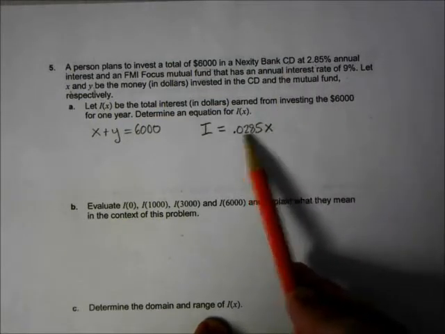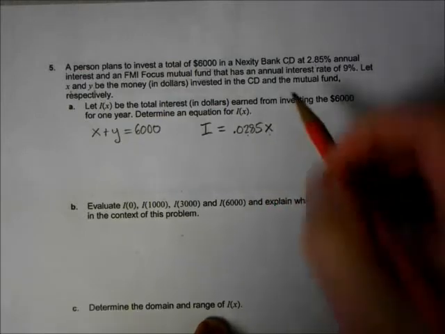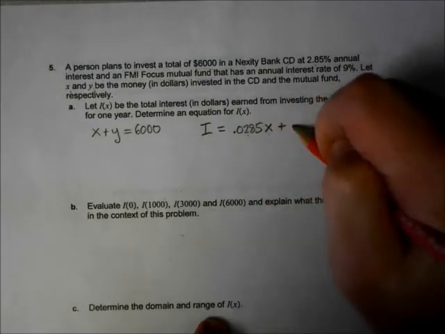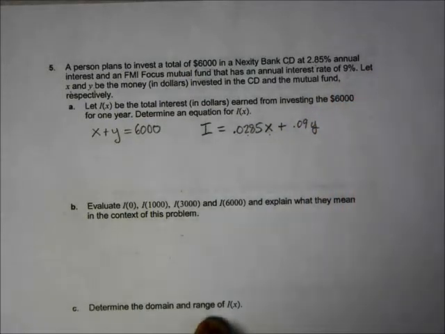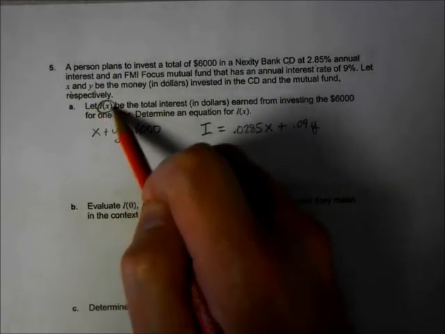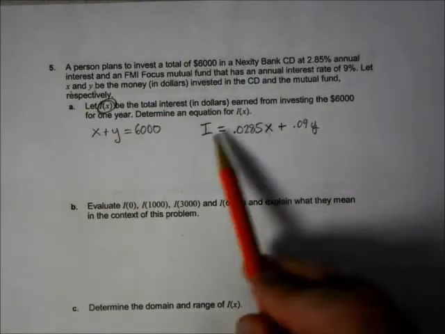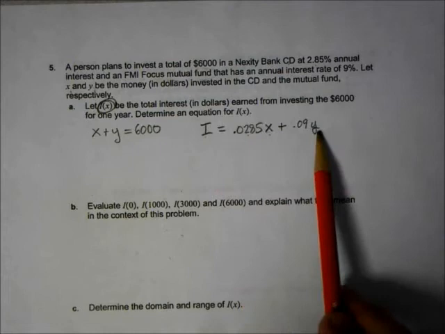You take your interest rate and multiply it by the amount of money you put in there, plus 0.09 times Y. That would be the amount of interest that I earned in the mutual fund. Now we've got to be careful. Notice the symbol given here. Determine I of X. What that means is I want a formula for I that only has the letter X in it. Right now I have X and Y.